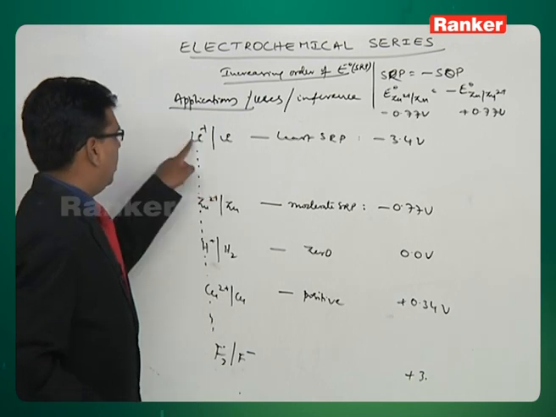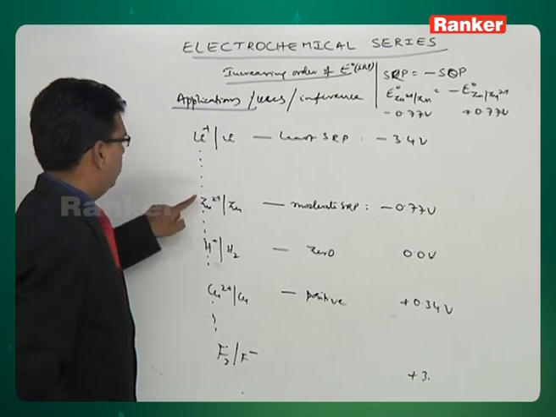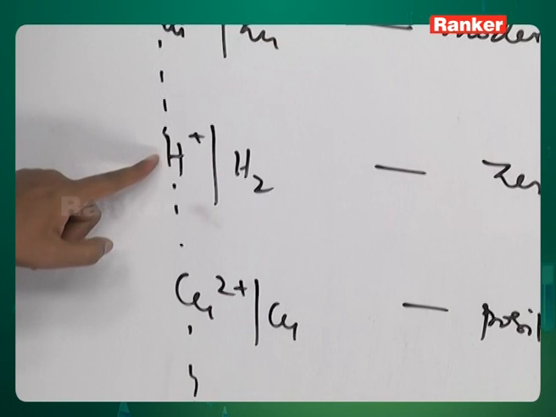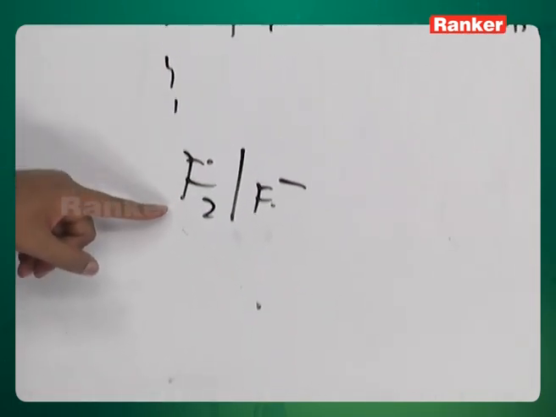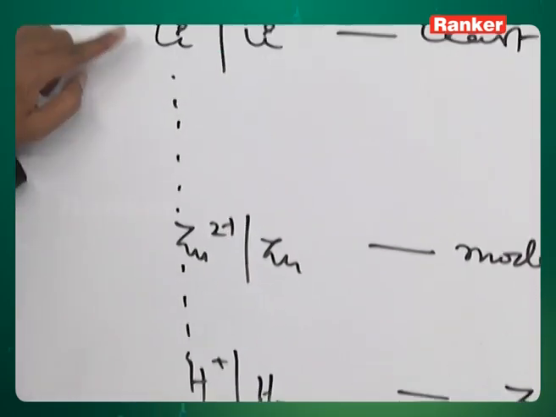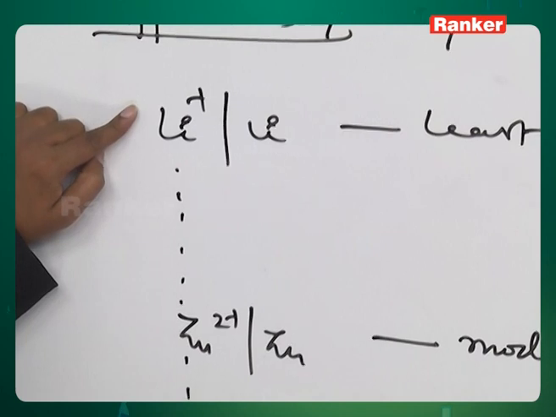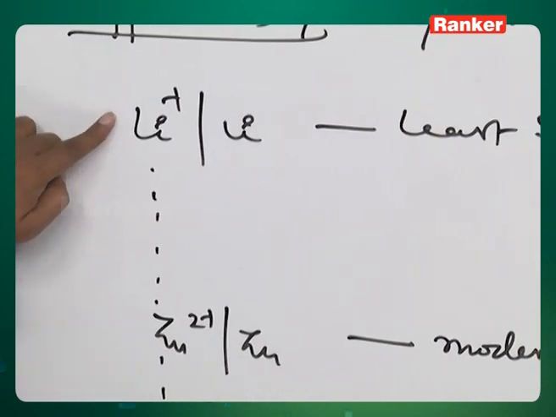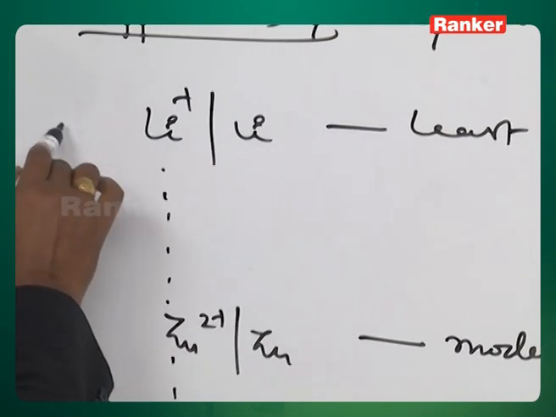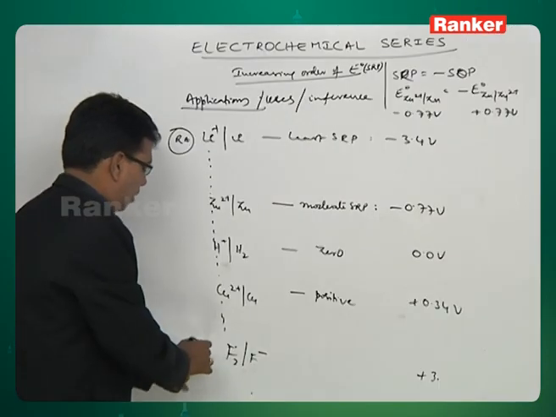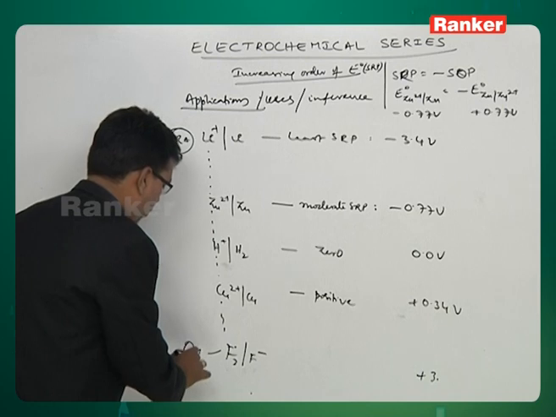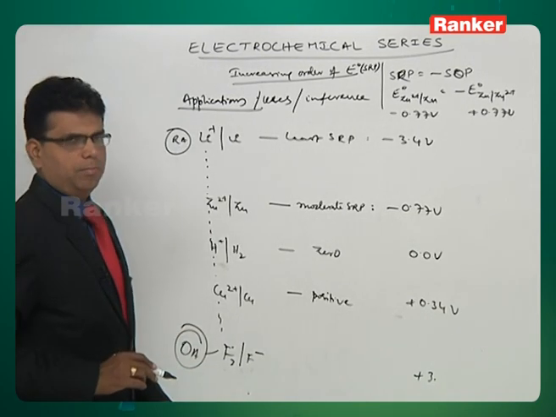So, as you can see: highly electropositive, moderately electropositive, hydrogen, least electropositive, highest electronegative. This is the sequence. From this, what you can understand is that the element that comes first is a better reducing agent, and the element that comes last is a very good oxidizing agent.